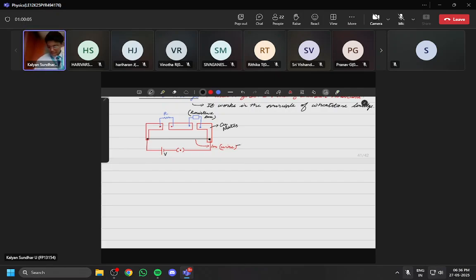And this wire is made of alloys. ஏன் அலாய்ஸ்ல மேக் பண்ணிருக்காங்கன்னா டெம்பரேச்சர் வந்து we are just applying a potential over here, கரெக்டா?